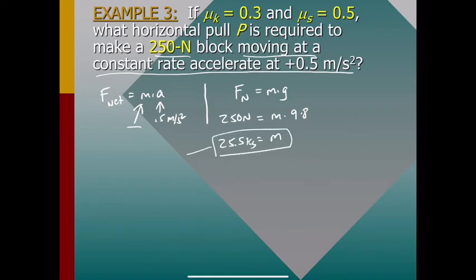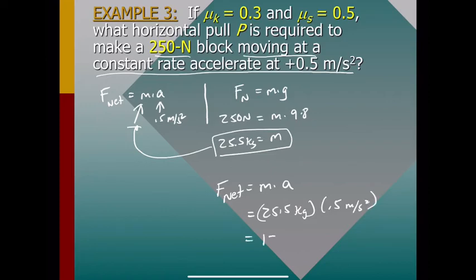That mass can now go into this formula. So I have the net force equals mass times acceleration. The mass is 25.5 kilograms. The acceleration is 0.5 meters per second squared. And I end up getting a net force of 12.75 newtons.